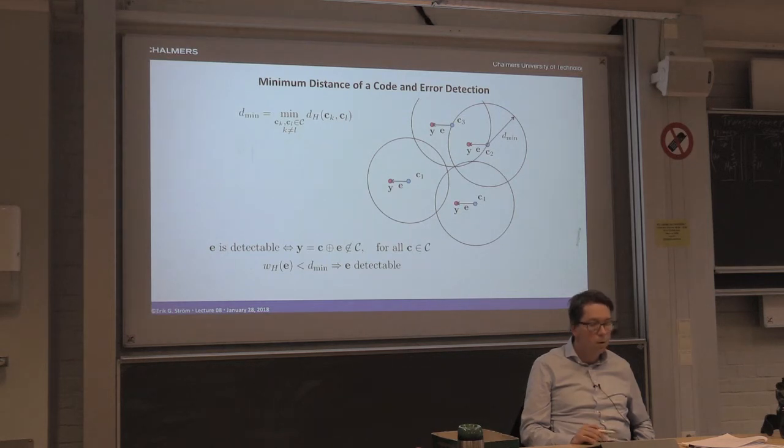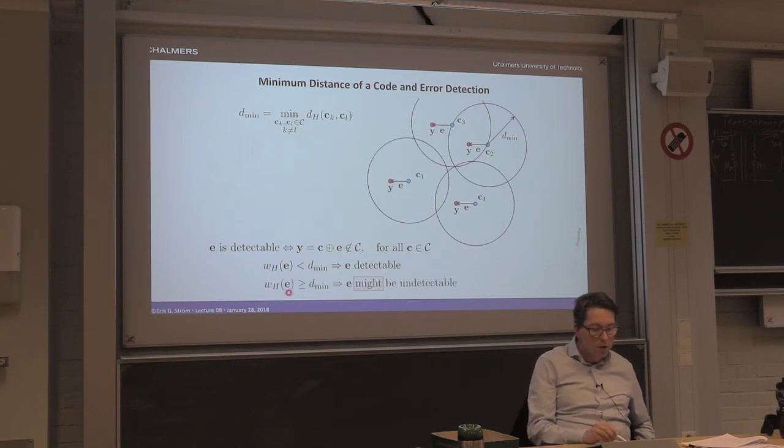Right? So if the Hamming weight of the error, that is how many steps we go away from C, is less than the minimum distance, then E is detectable. Because then the error can never fully reach another code word, since we're inside this sphere of radius d min.